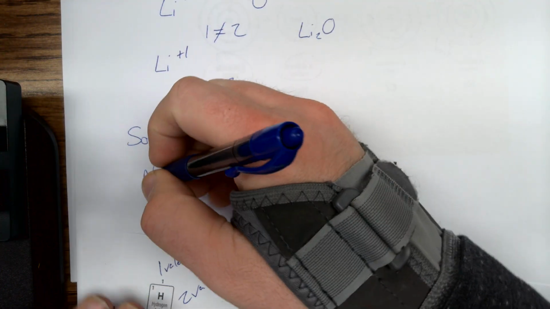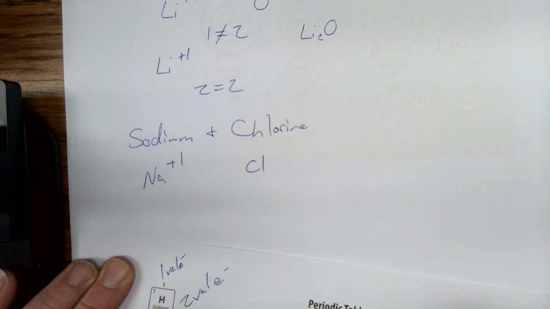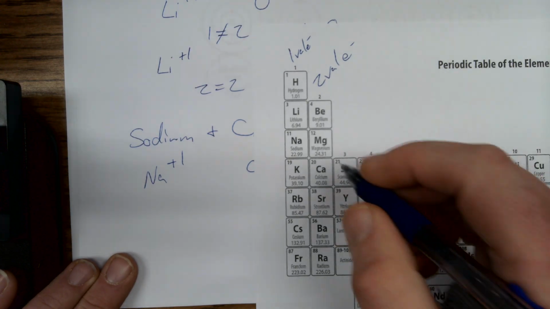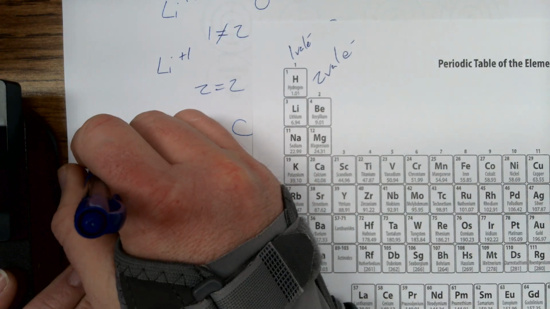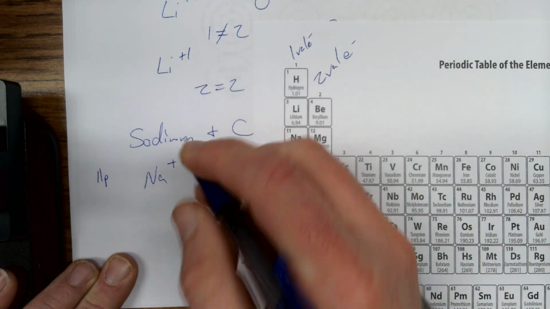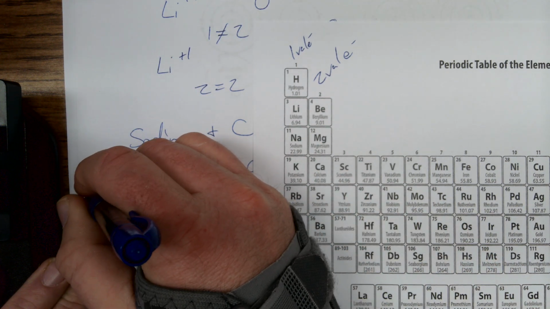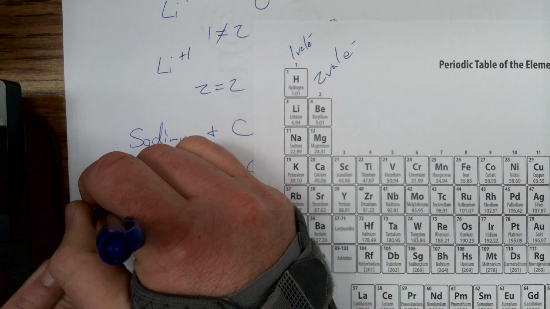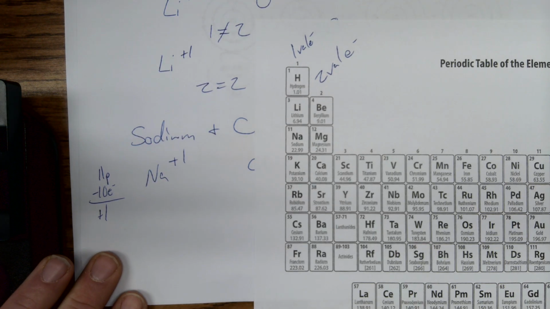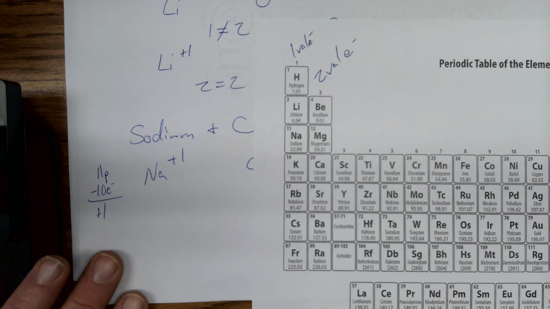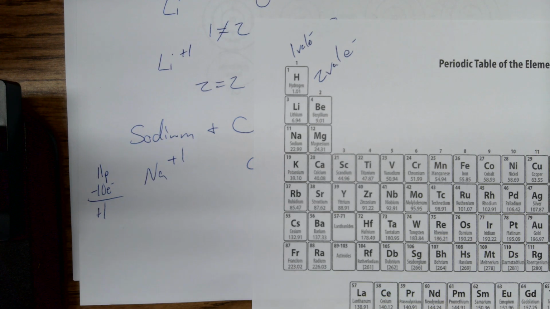So it's sodium +1. If we take a look at our charges, we have 11 protons. If I lose 1 electron, I now have 10 electrons. Minus that, +1. Sodium's going to have a +1 charge for an ion. My cation, my positive ion, is going to be a +1 for sodium.